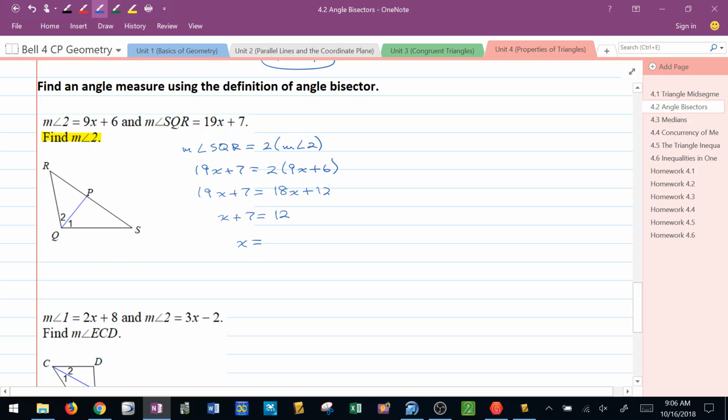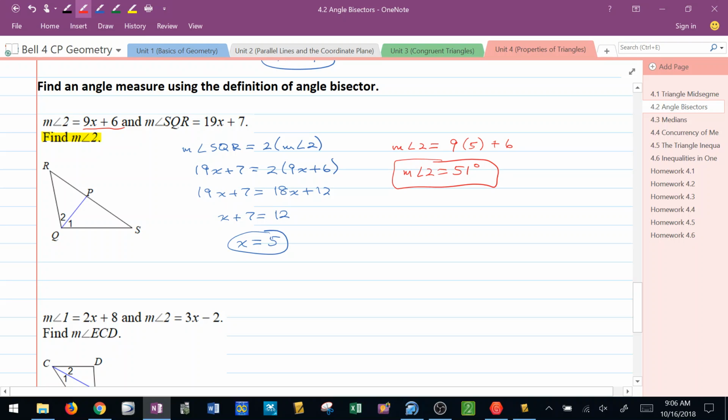Subtract 12, and I get x is equal to 5. But now I need to take one more step. I know that the measure of angle 2 is represented by 9x plus 6. So I have 9 times 5 plus 6, 45 plus 6. The measure of angle 2 is 51 degrees.